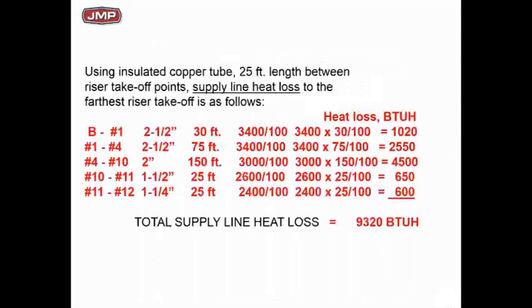Now, we don't have the time today to sit through and take off every piece of pipe in that 300 feet of pipe I just showed you. But B&G has done that, taken it off by pipe size and length of pipe, and calculated the supply pipe heat loss. And it's 9,320 BTUs.